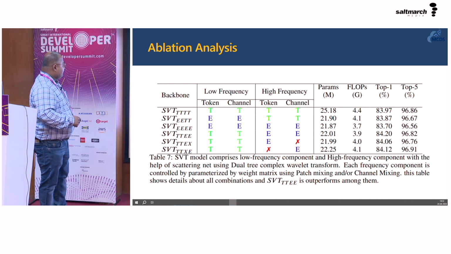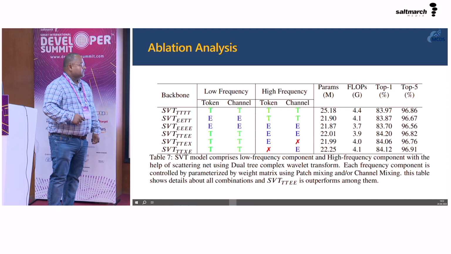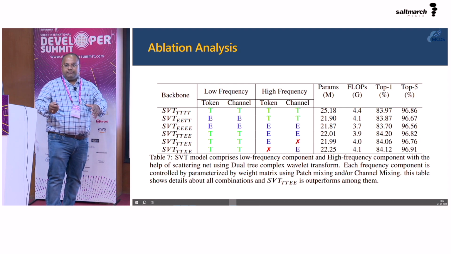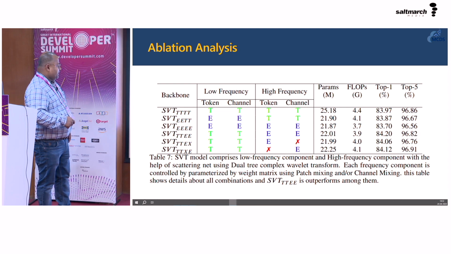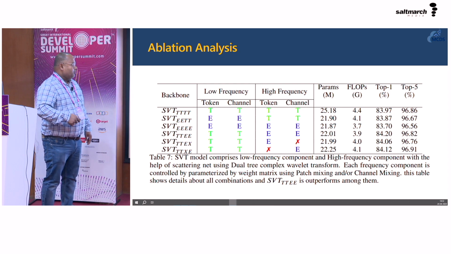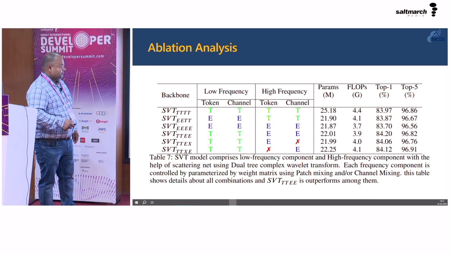So for the backbone, how do we use low frequencies and high frequencies in channel mixing and token mixing? We see that in the low frequency component we induce tensor mixing, and for the high frequency component we use Einstein mixing. That's the reason it gives better performance compared to the rest.